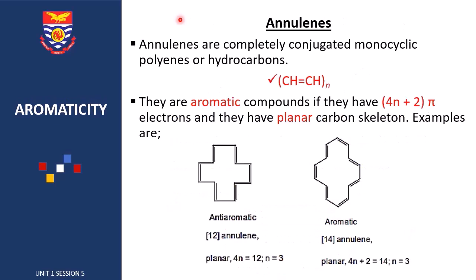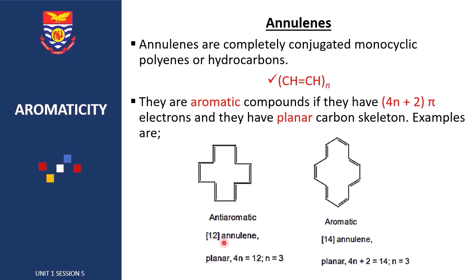Next are the annulenes, which are completely conjugated monocyclic polyenes or hydrocarbons with this chemical formula. Just as we've been talking about, if the compound obeys Hückel's rule, then it is regarded as aromatic, but if it fails Hückel's rule, it is regarded as anti-aromatic.